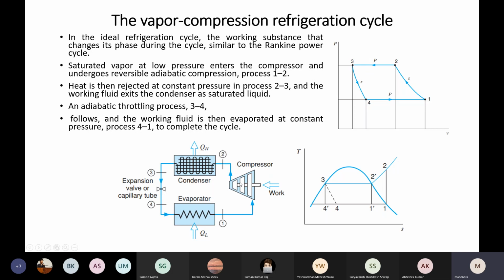The only difference is that what we studied earlier was a power cycle, which was delivering a certain amount of work. This is the refrigeration cycle, which is consuming a certain amount of work.